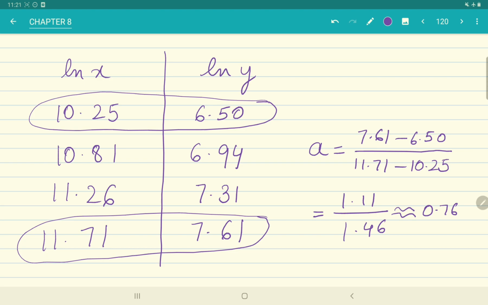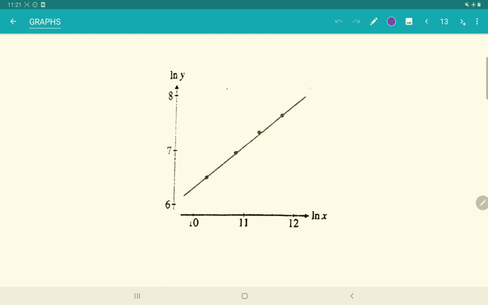Now which slope am I talking about? I'm talking about the slope here, which is approximately equal to 0.76.